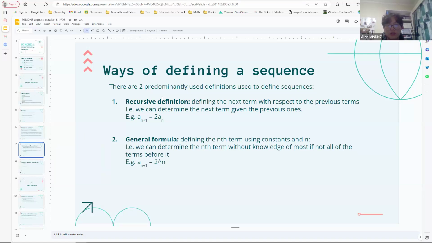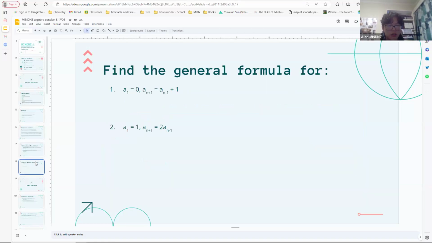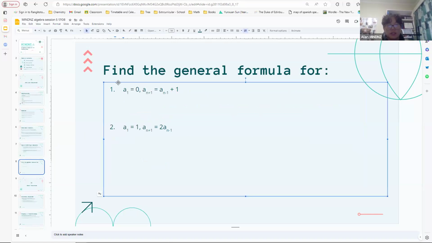It's the recursive definition, which directly relates a_{n+1} to something. And there's also the general formula, which relates a_n to n. So here's your task. Find the general formula for the first sequence.